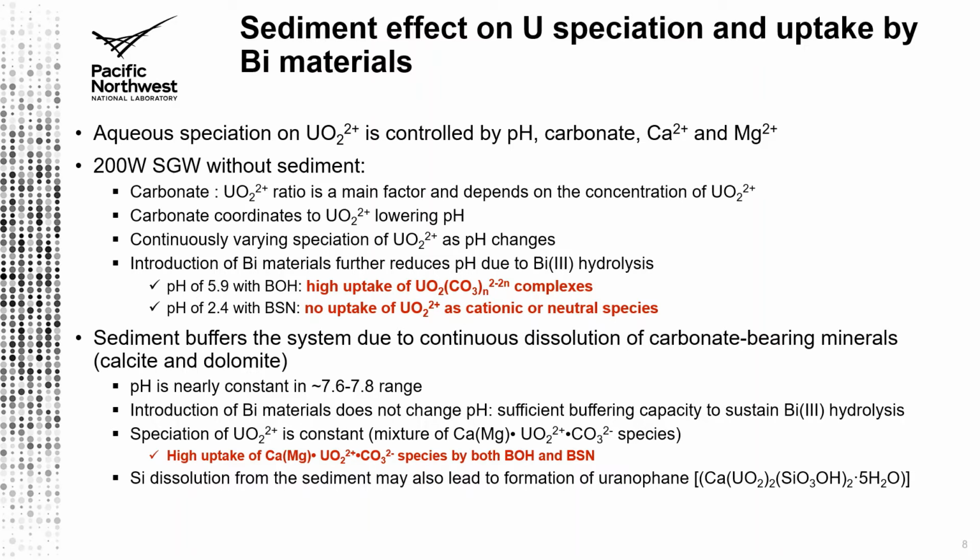At this pH, along with additional calcium and magnesium in the system due to dissolution of the minerals within the sediment, the speciation of uranium is primarily calcium and magnesium carbonate species, with a high uptake of these uranyl species by both the BOH and the BSN. Along with the calcium and magnesium carbonate dissolution, an increase in silicon concentration due to mineral dissolution could also lead to the formation of other phases such as uranophane.